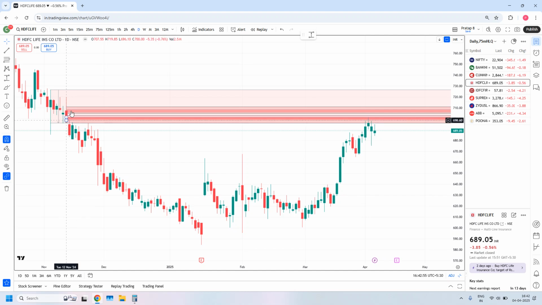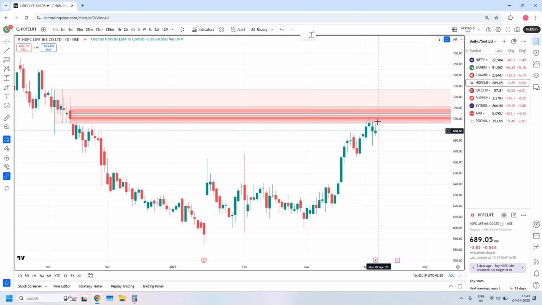We have two 75-minute zones. Inside 75, 15 minutes and 5 minutes. That 5 minutes is tested on Wednesday. After that, prices came. Yesterday anybody would have taken a trade, you would have got profit from this. The reason is, even though it is pierced, it is within the stop buffer. But this is the one with no fine-tuned 5 minutes zone. But anyway, today prices didn't enter. Even if you enter, you can't plan any trade.